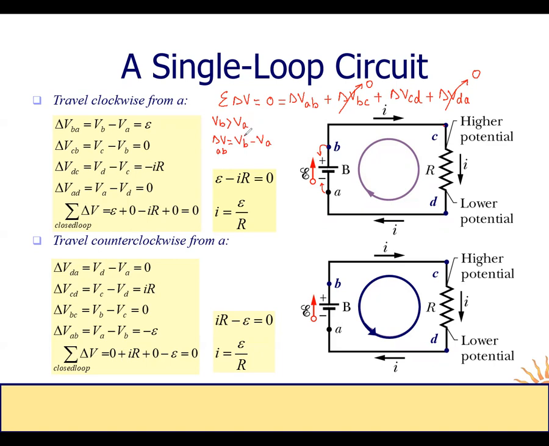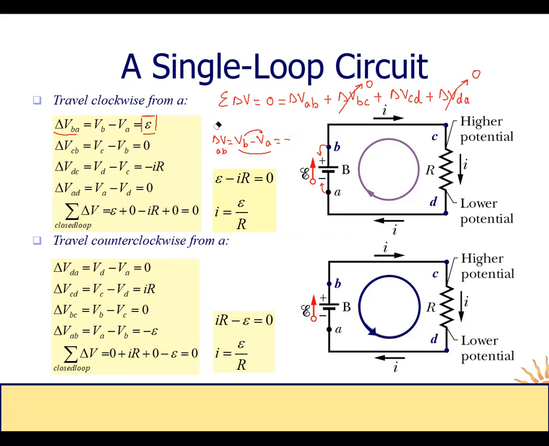VB is higher than VA, so this value must be positive, which is equal to plus the voltage E. Okay, so VB minus VA equals plus E.